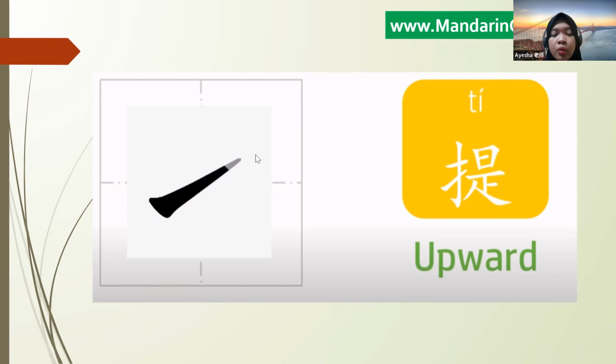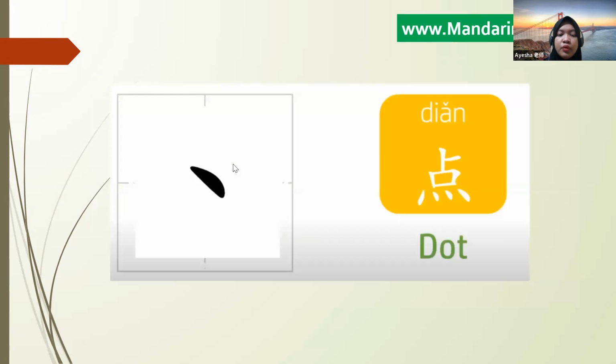No, no. When you're writing a Mandarin character using a pen, you don't need to draw this shape. You just draw an upward line. That's it. And there you have your Mandarin character. So please don't shade and do shapes like this. Just an upward line. Okay. Now the next one is a dot.